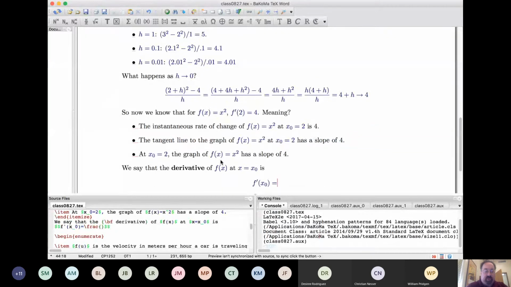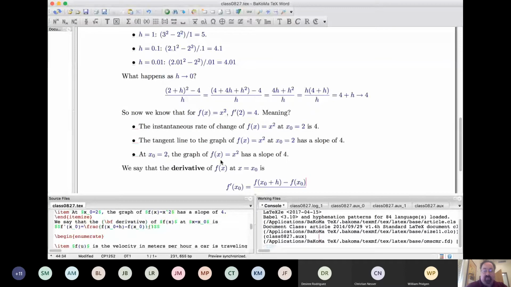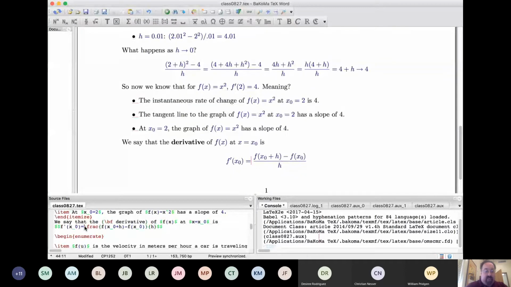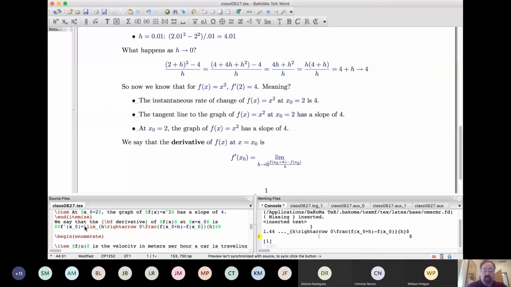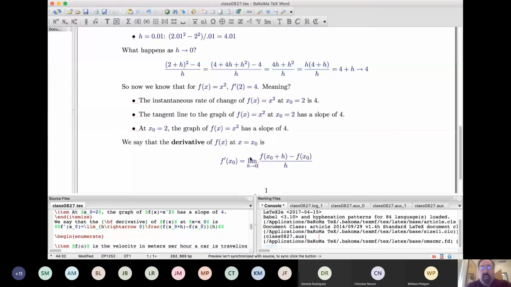So it's this fraction that we've been dealing with. And how it's written rigorously is this. It is called the limit of this expression as h goes to 0.